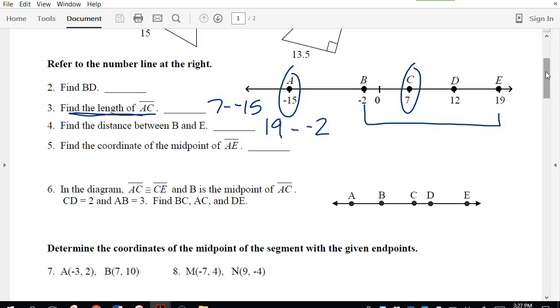Length and distance can be used interchangeably, and they're never negative. So 7 minus negative 15 means 7 plus 15, 22. 19 minus negative 2 is 19 plus 2, 21.